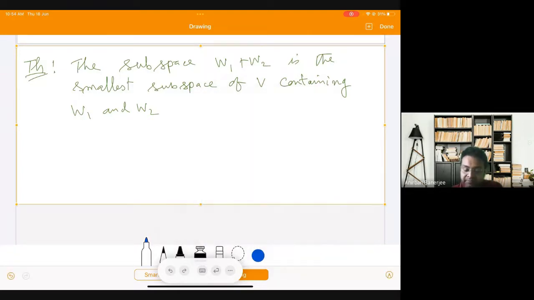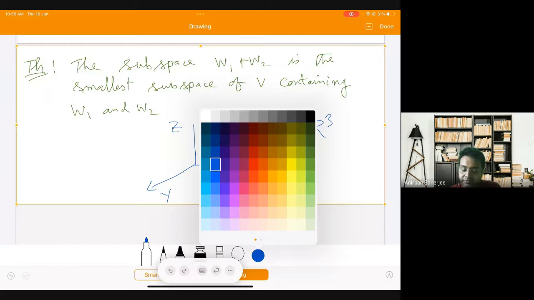Okay. Let's say this is R3. This is the x-axis and this is the y-axis. And the typical example we take, which will be easier for you to understand.